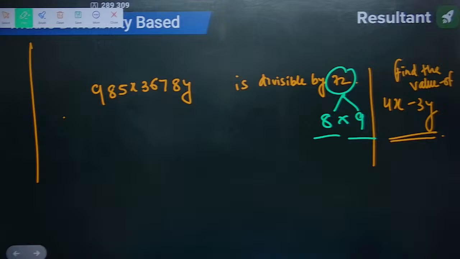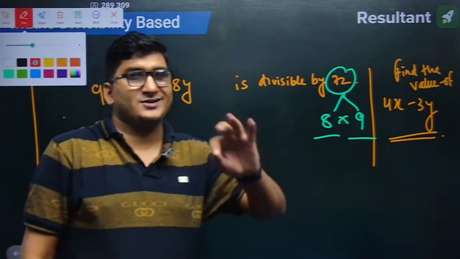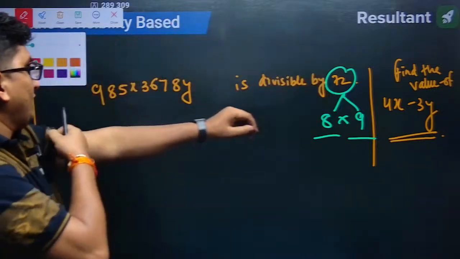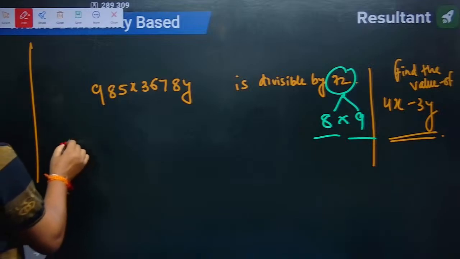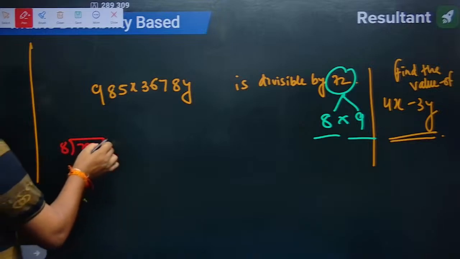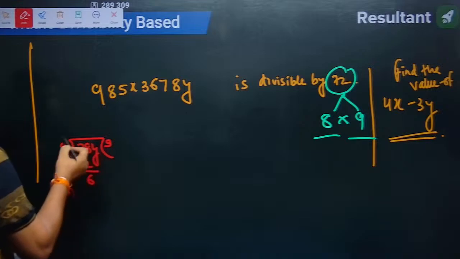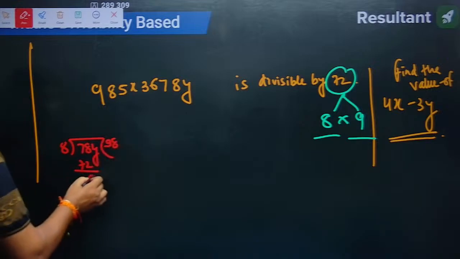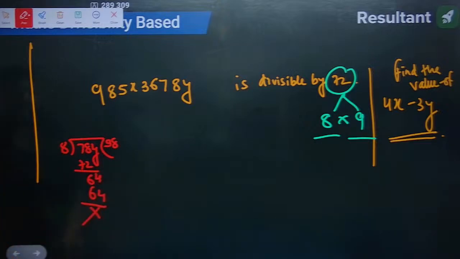Now, we will try with the two divisibilities. You know very well that divisibility by 8 depends on the last three digits. So to find the value of y, divide 78y by 8. 8 times 9 is 72, and 8 times 8 is 64. So the value of y will be 4.